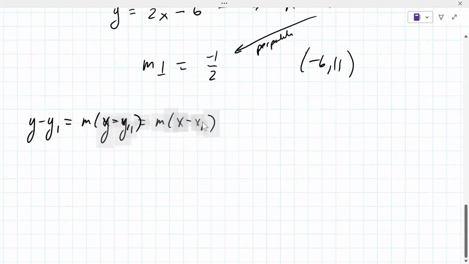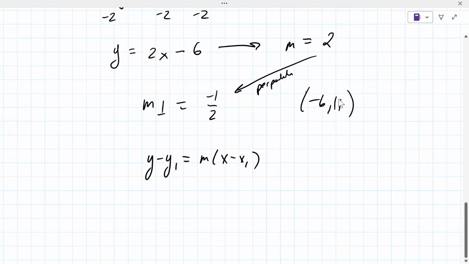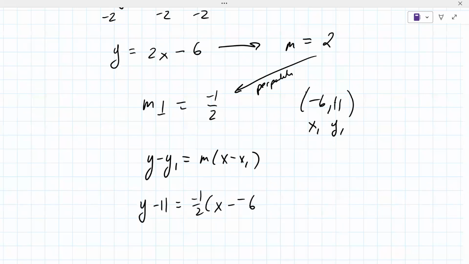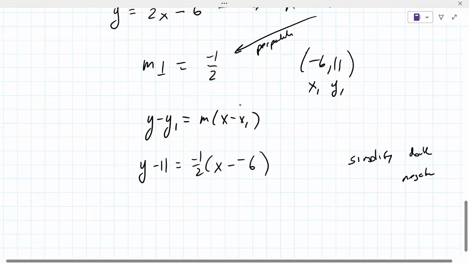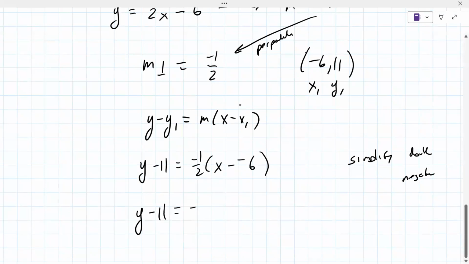All right, so like you said, here you go. This is x1 and this is y1. y minus 11 equals negative 1/2 times x minus negative 6. You simplify the double negatives, which means you get y minus 11 equals negative 1/2 x plus 6.